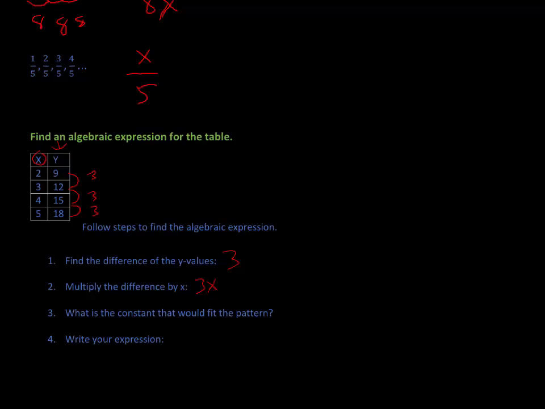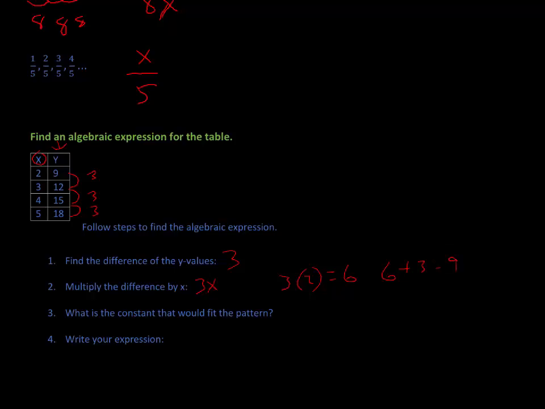So we take the first one, plug in 2 in place of x, we'd have 3 times 2, which gives us 6. What would I have to add to 6 to get me to the y value of 9? I would have to add 3. So 6 plus 3 equals 9.